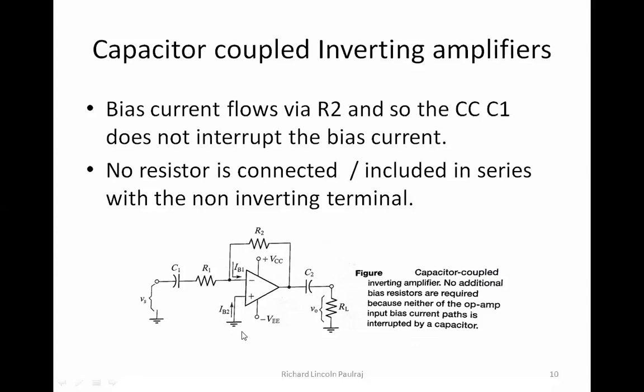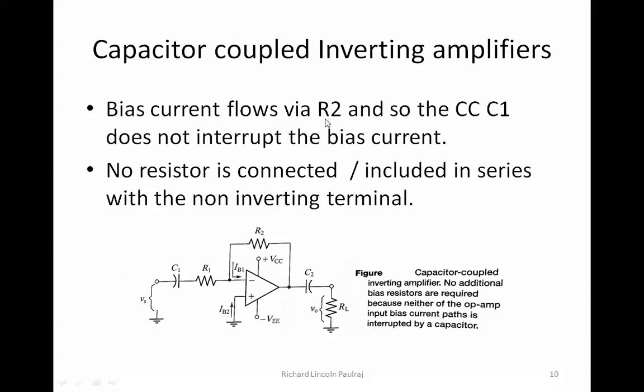So I don't have to connect a resistor here at the non-inverting terminal, but R1 will be here directly. Okay. So C1, R1, bias current I'm getting from R2. So input coupling capacitor, output coupling capacitor, Vs is here, V in will be here, V naught will be here, and VL will be here. Okay. So this is the basic diagram. Just remember this diagram.